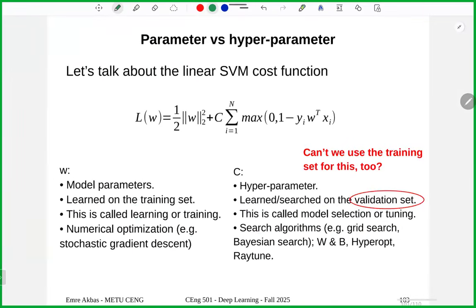A question: can't we use the training set for finding the best value of C? Why are we using the validation set to find the value of C? What do you think?